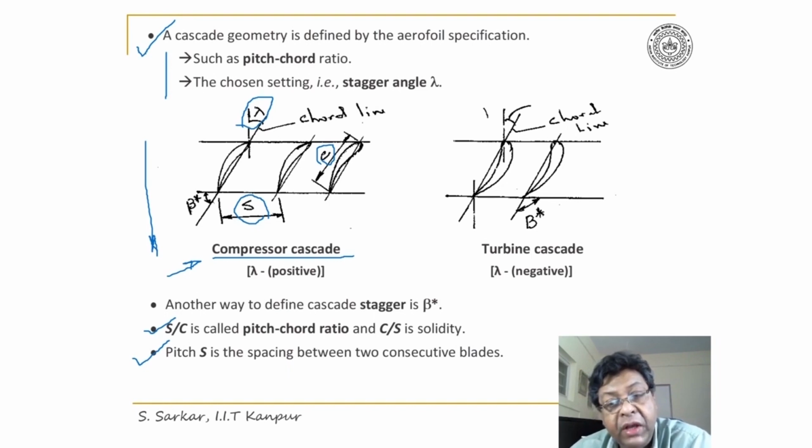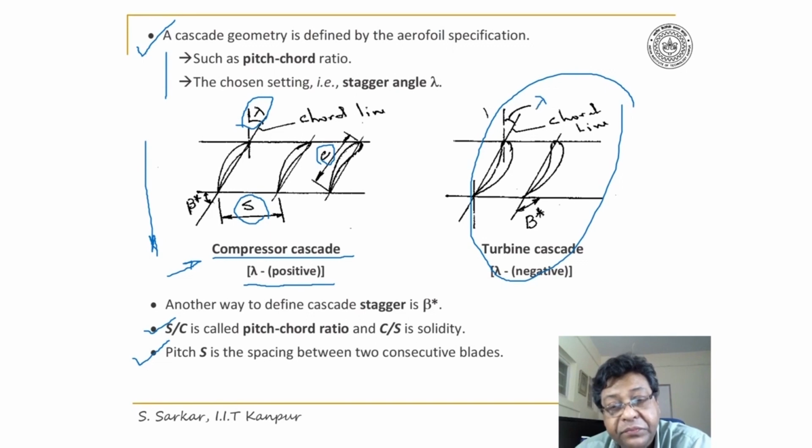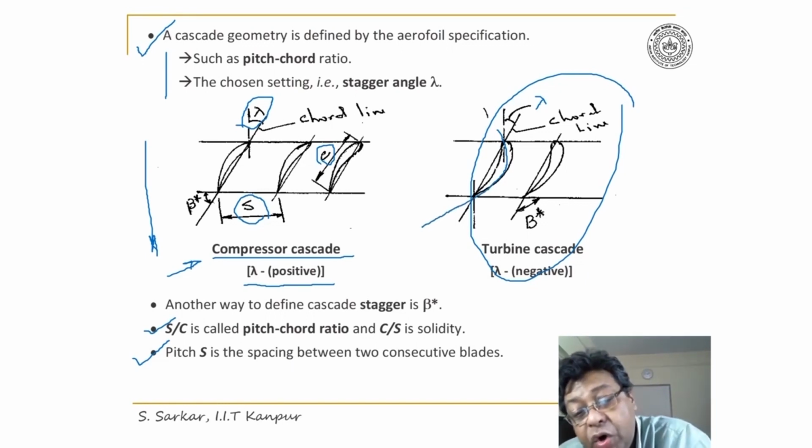Now, here lambda for the compressor cascade is considered as positive, while for the turbine cascade, you see I have indicated here lambda. However, the orientation of the blade will be completely opposite to the compressor cascade.